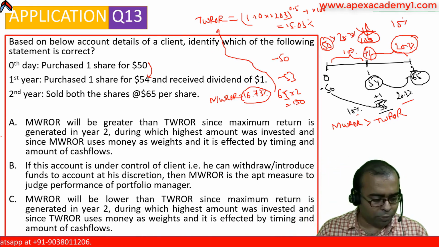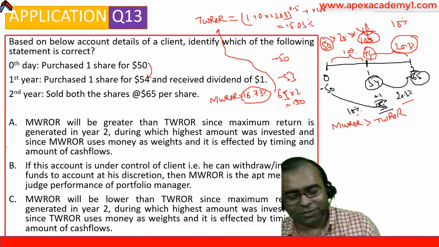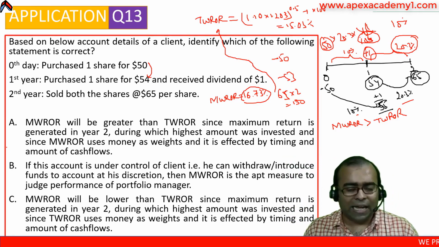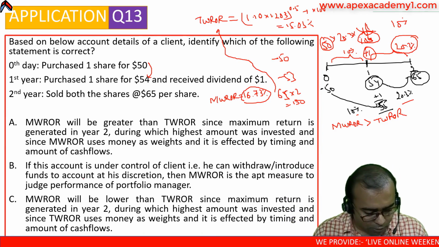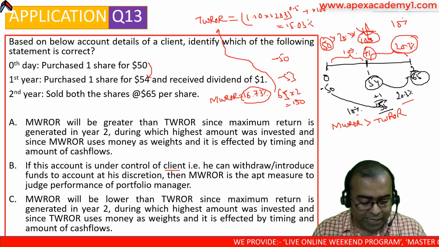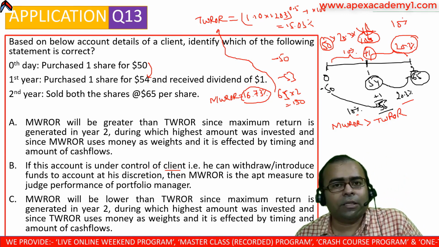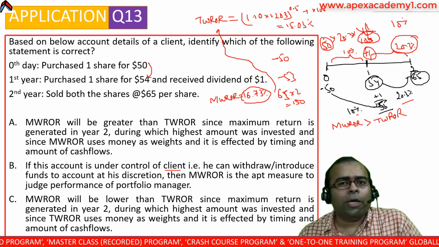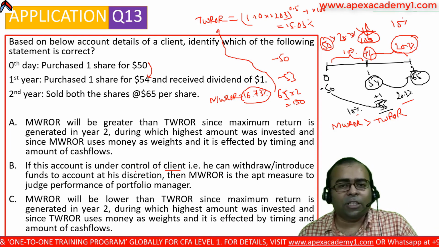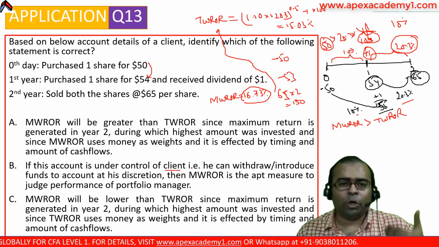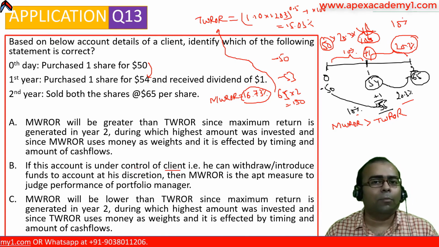However, I would like to go through B and C also, because the purpose here is not to solve the questions quickly, but to make you revise the entire concepts as well. B: if this account is under control of the client, we also discussed which of MWROR or TWROR is superior. Industry norms majority of the time require performance evaluation based on TWROR. Why?